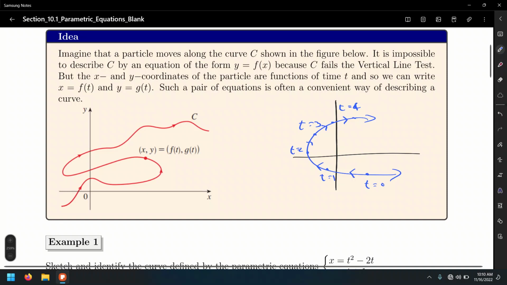And again, if you look at those paths on Google Maps or on a paper map, try to do the vertical line test, it's going to fail it, right? Because it crosses at more than one point.